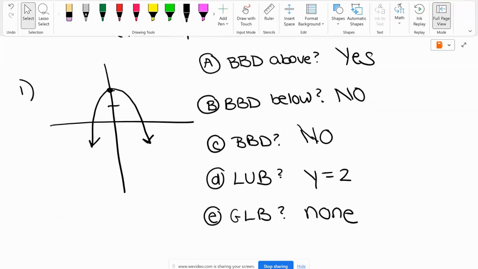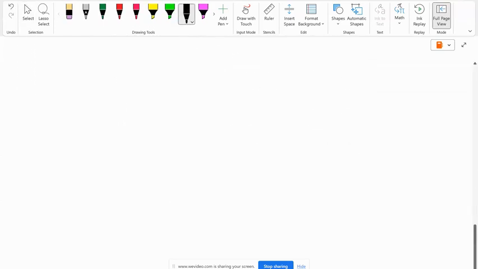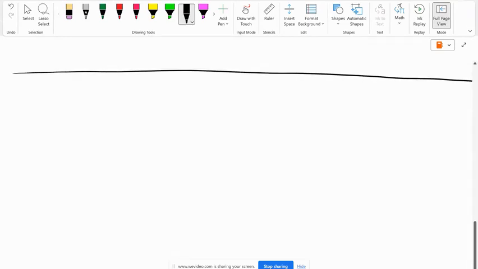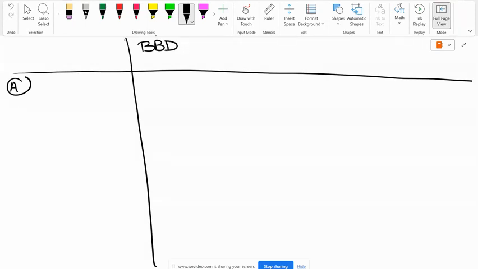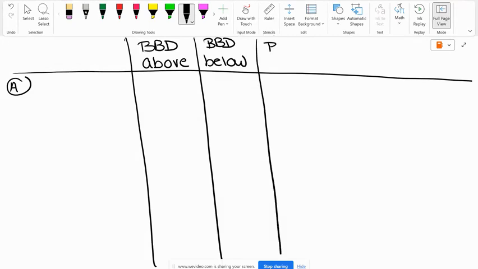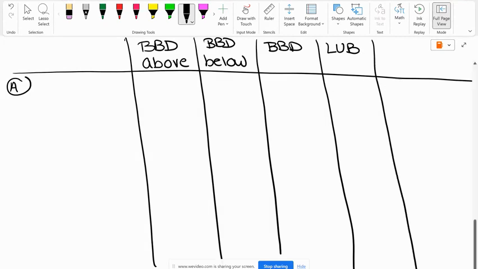Okay, so there's going to be a whole section like this on your test where I'm going to give you a function.